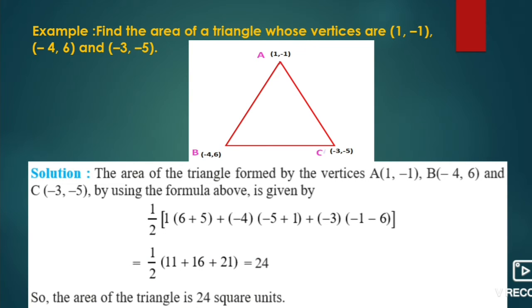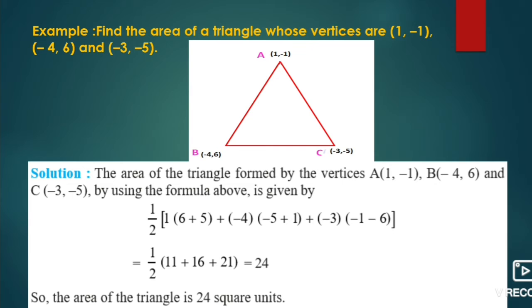Now let us discuss some examples. Find the area of a triangle whose vertices are 1, minus 1, minus 4, 6 and minus 3, minus 5. That means the coordinates of 3 vertices are given. Suppose I am considering the triangle as ABC, whose coordinates are 1, minus 1, minus 4, 6, minus 3, minus 5 respectively.